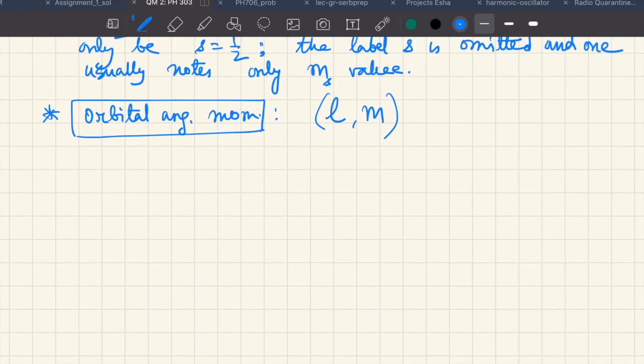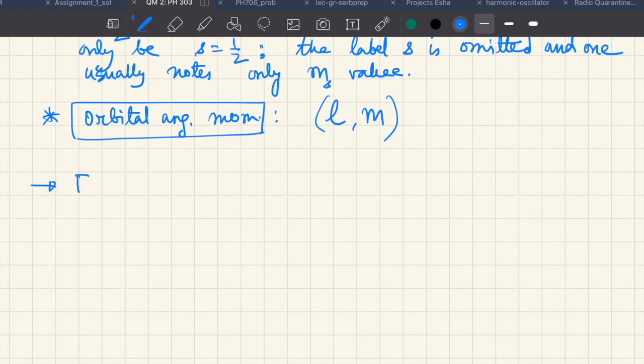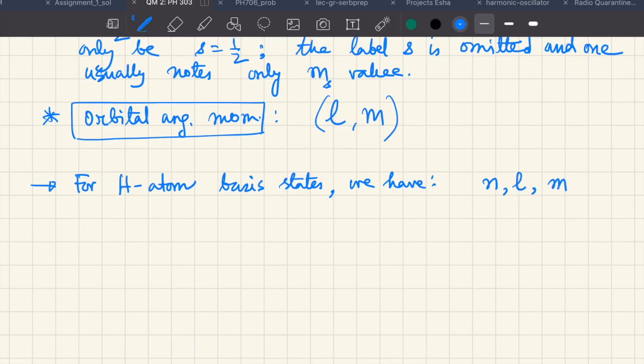So for the hydrogen atom, the basis states have the quantum numbers n, l, ml or m, and ms. Now since we are not combining the orbital angular momentum of the electron to its spin, for that reason these states form the uncoupled basis.